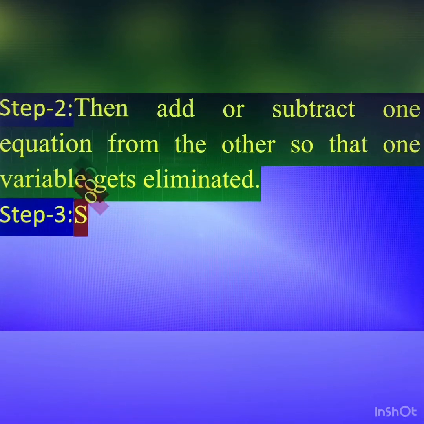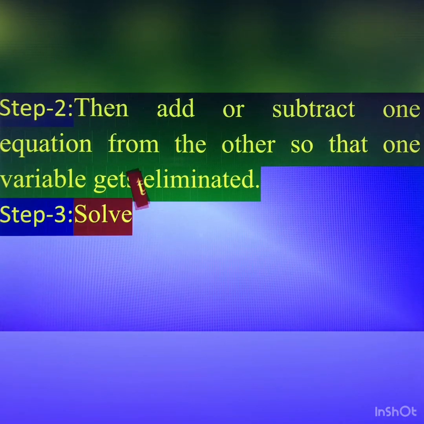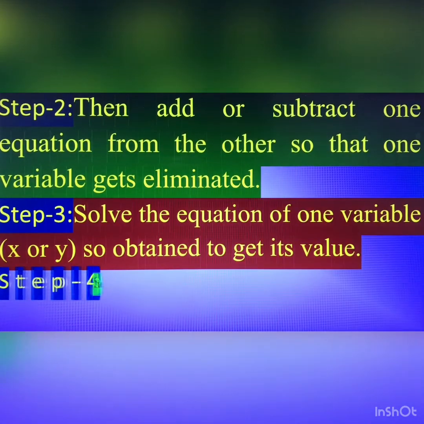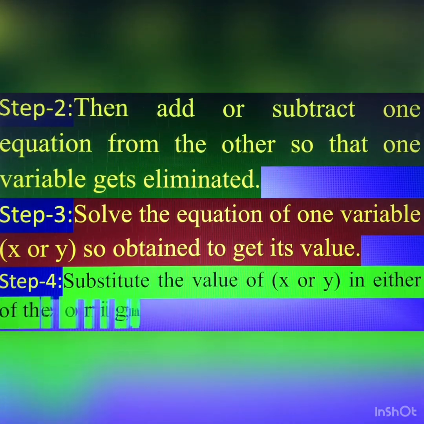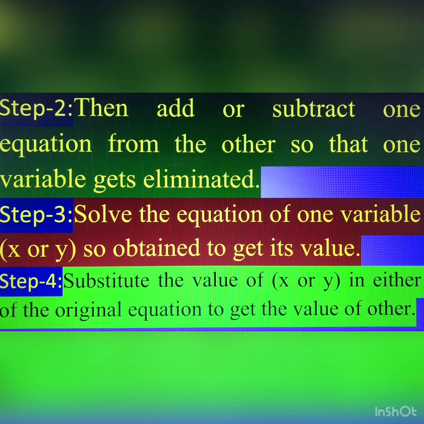After that, step number 3: solve this equation of one variable, x or y, to get its value. And step number 4: substitute the value of x and y in either of the original equations to get the value of the other. Two equations you have, then you will substitute the value of x or y which you found in step number 3 in any one of the given equations.